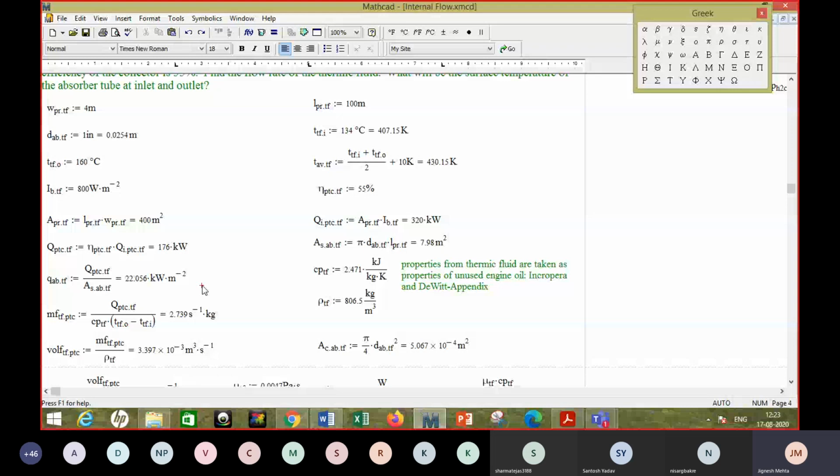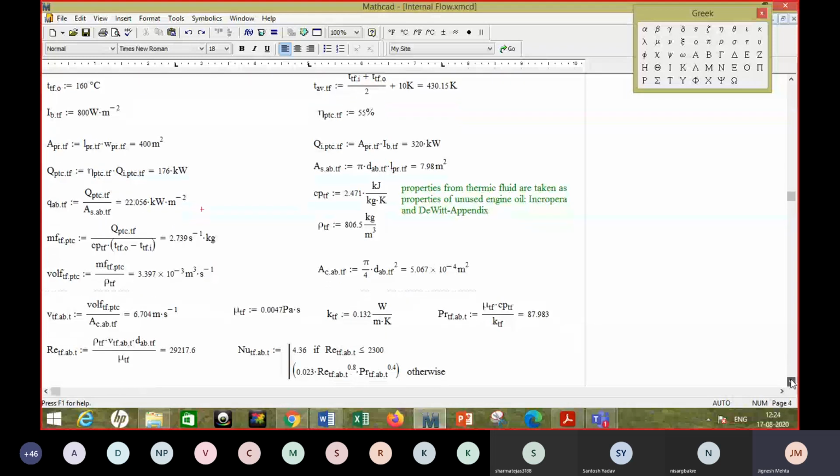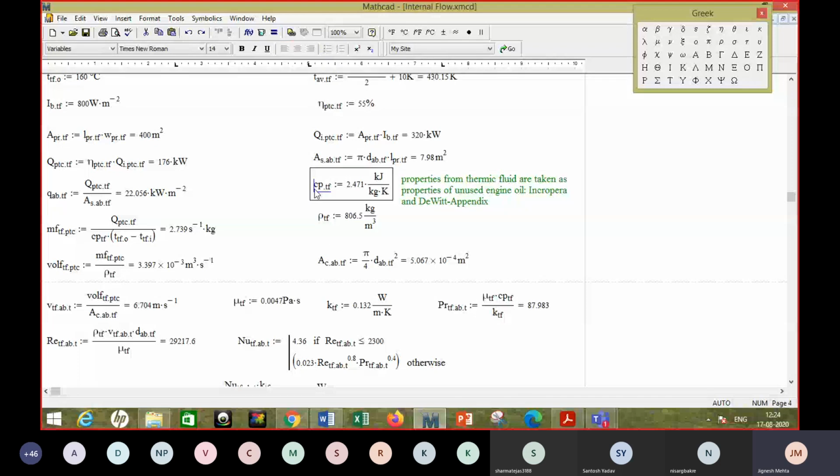And now you have to refer the properties of the thermic fluid from the table. So I have picked up those values from the table as it is written here. Properties of thermic fluid are taken as properties of unused engine oil in Cengel and David appendix. So this is the Cp, 2.471 kilojoule per kg Kelvin, and how much mass flow rate of the thermic fluid would be required.